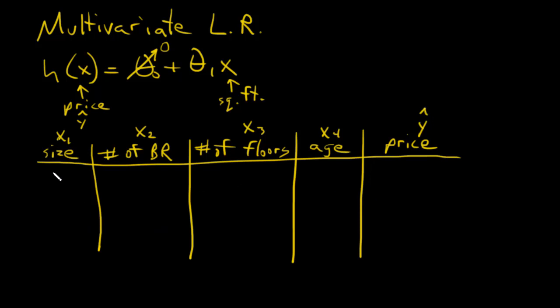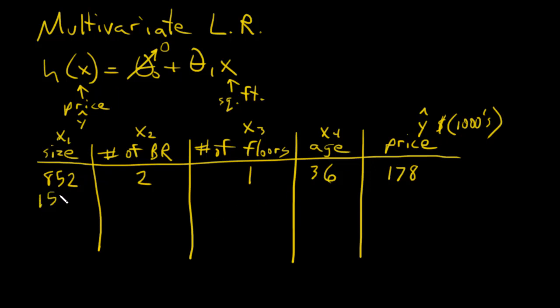These are just going to be some sample values. The values might be 852, 2 bedrooms, 1 floor, 36 years old, and maybe the price is 178,000. Oh yeah, let me put this up here: it is in thousands of dollars. Maybe another example, 1534, 3 bedrooms, 2 floors, only 30 years old, and now it's bumped up to 315,000.